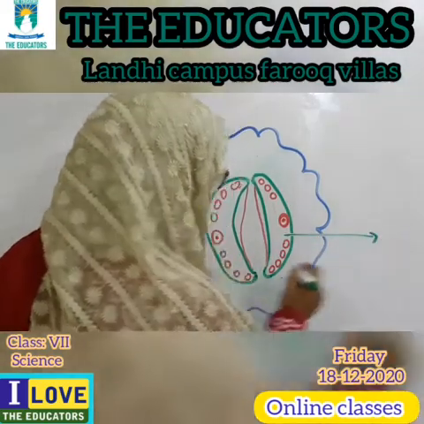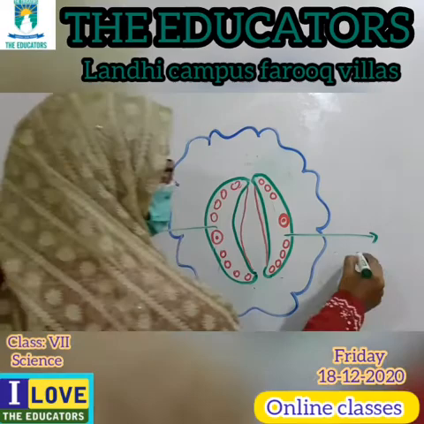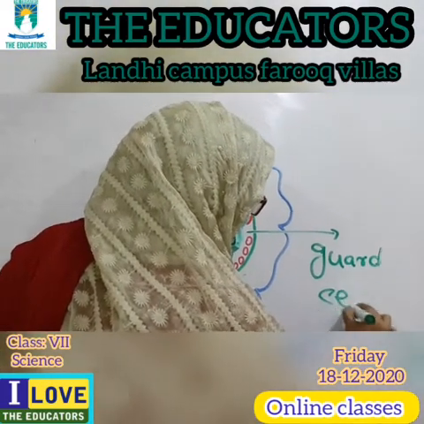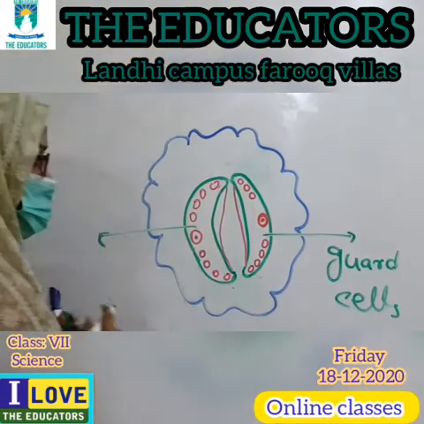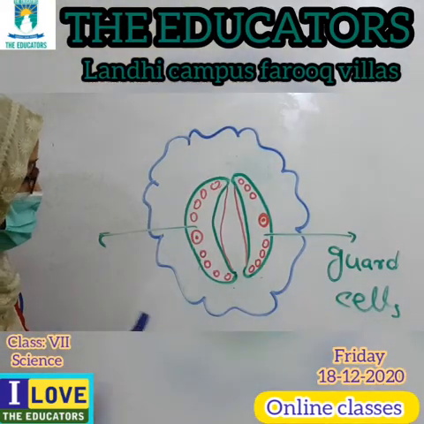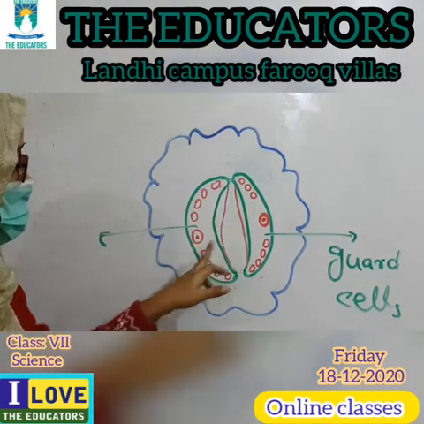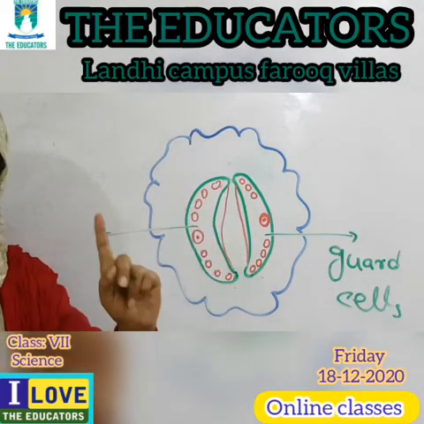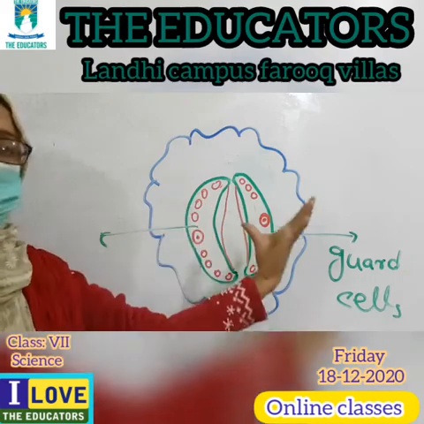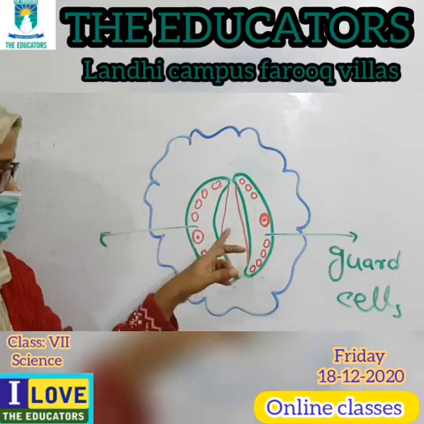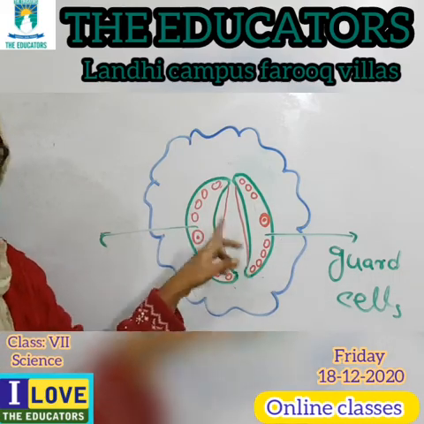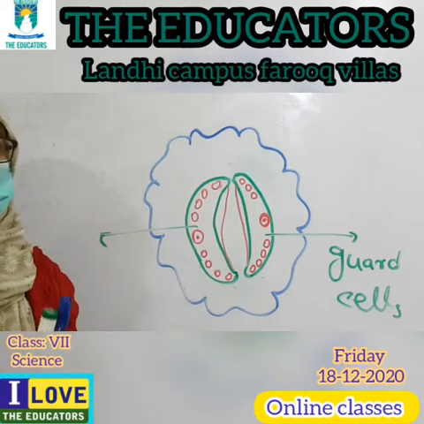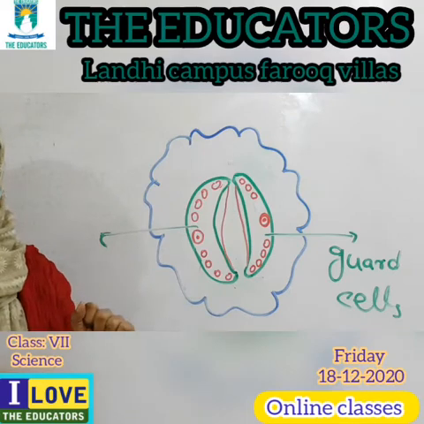This one and this one are guard cells, and the gap between the two guard cells is the stoma. One is called a stoma, and in the plural we call it stomata. And this is the place where gases go in and out of the plant.